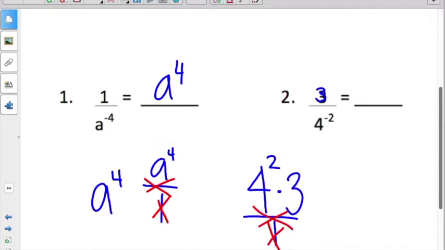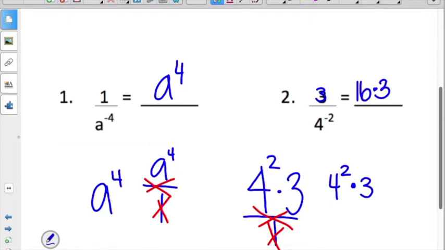So we have 4 squared times 3. 4 squared we can evaluate. 4 squared is 16, times 3. And we can do 16 times 3 and get 48.